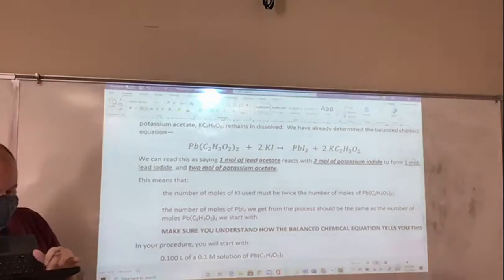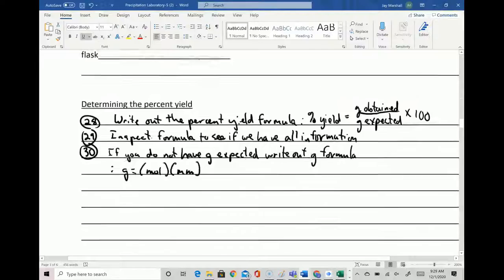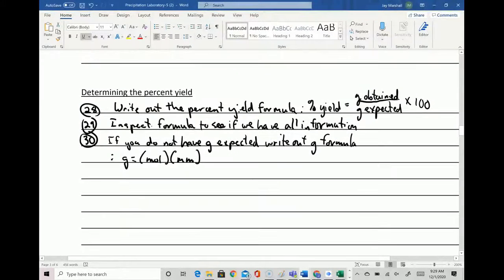Maybe we should modify this. As we're thinking through this, sorry I keep going back and forth. Let's modify this just a little bit. It's not just moles, it's moles expected, right?